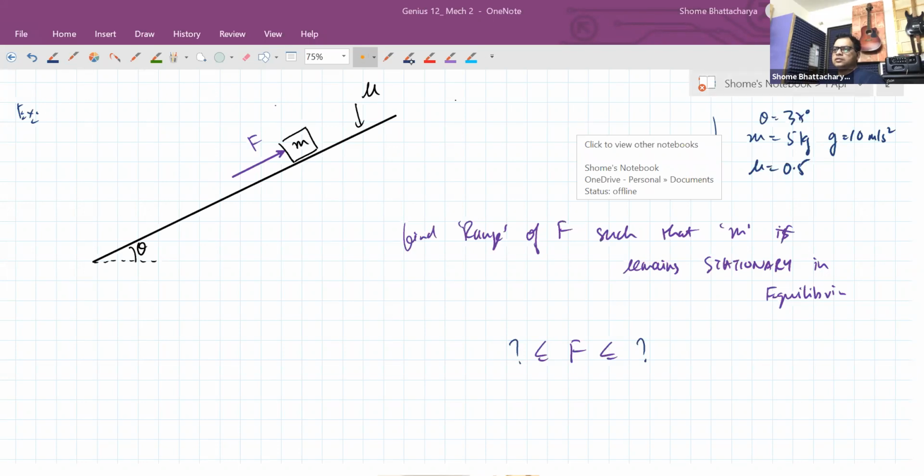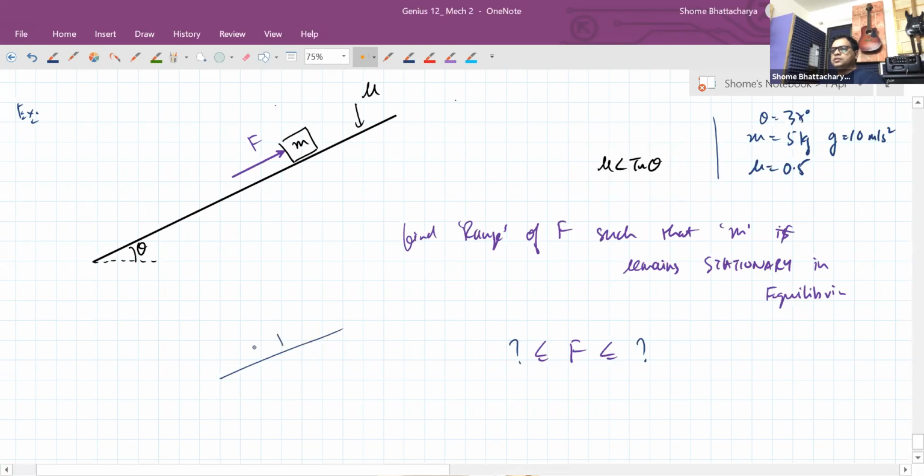Yes, very good. That's correct, Nishi. So the minimum condition will be when maximum friction is acting up the inclined plane. So this will correspond to the minimum.